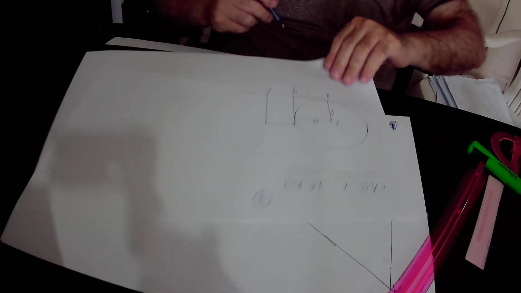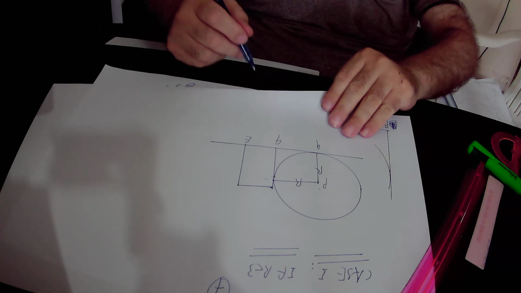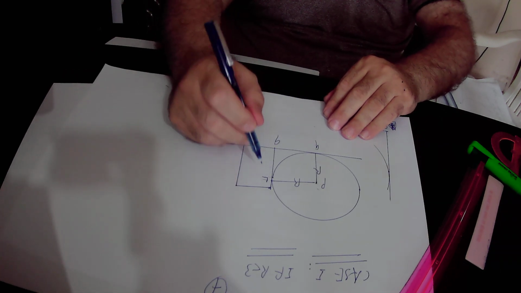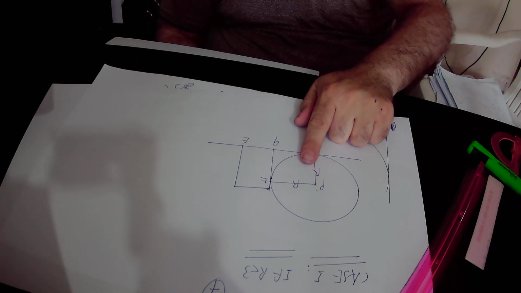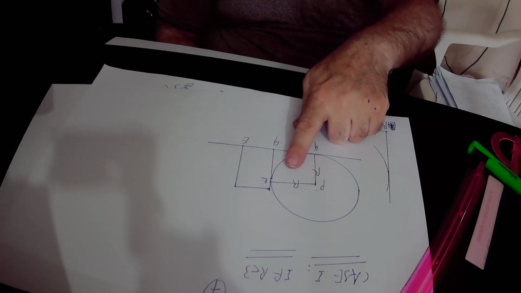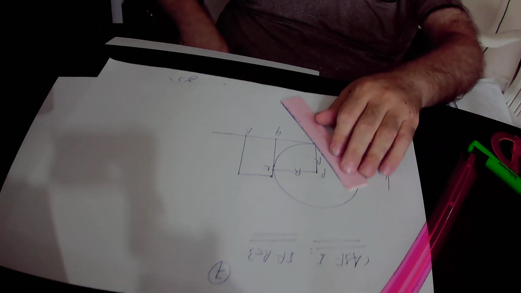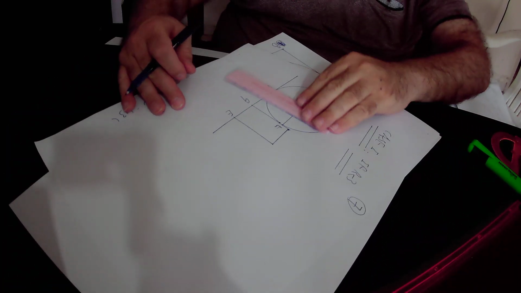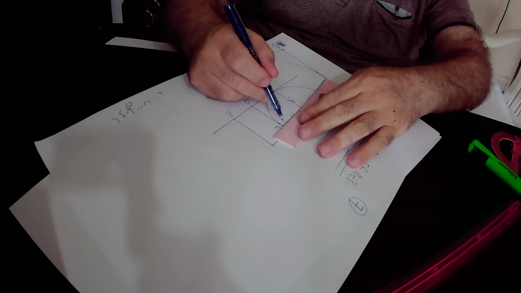Here the radius PL is drawn to the point of tangency. You can see here, therefore according to rule number 1, this angle equals 90 degrees and this angle will also be equal to 90 degrees.